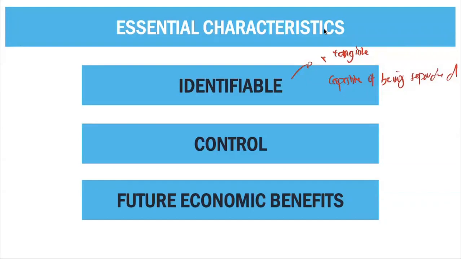Next, of course, you control the future economic benefits out of that particular asset. Remember, one particular item that we look at in the recognition of an asset is the essence of control. Regardless of whether you own it, if you control it, then that is considered an asset. And lastly, there must be an inflow of future economic benefits, be it an increase in your income or an increase in your production, whatsoever. So long as it is an economic benefit that will enter the entity, then we have a future economic benefit.